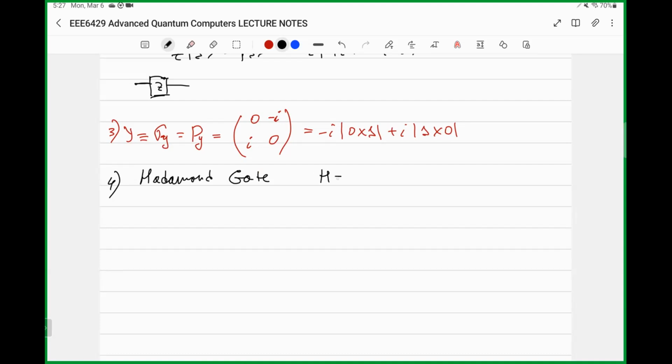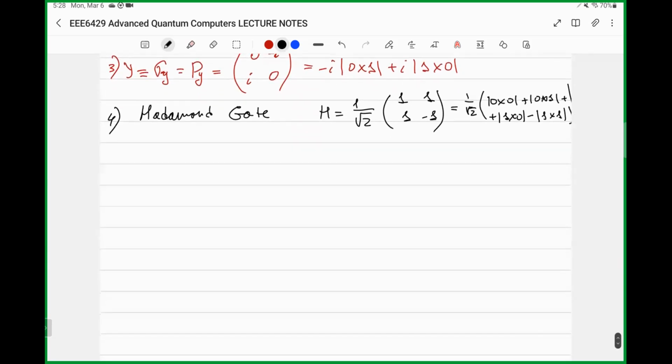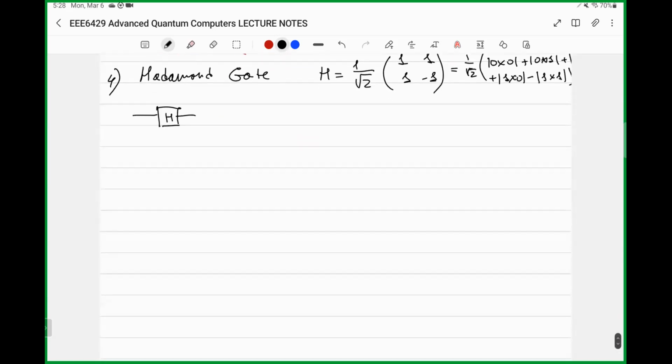It is represented by the matrix 1 over square root of 2 times 1, 1, 1, minus 1, or in the outer product representation, |0><0| plus |0><1| plus |1><0| minus |1><1|. The graphical representation is a box with H inside.